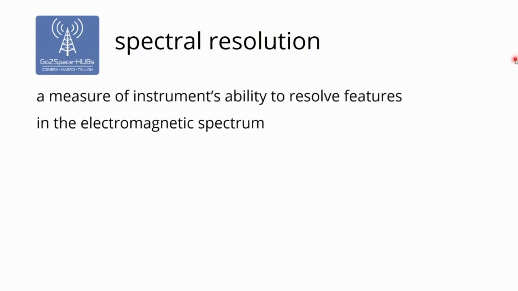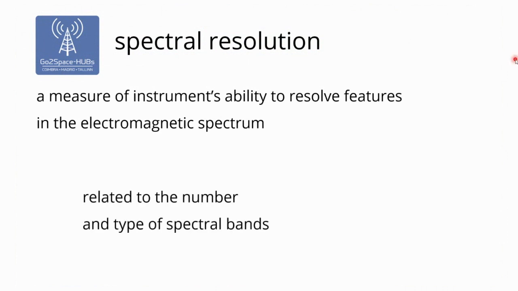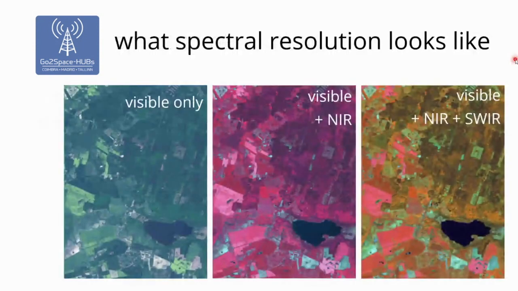But when we talk about spectral resolution, it's about what we can say about what we can actually see. So just to simplify it, that's the number and type of spectral bands, like we've seen before, blue and green and red, etc.